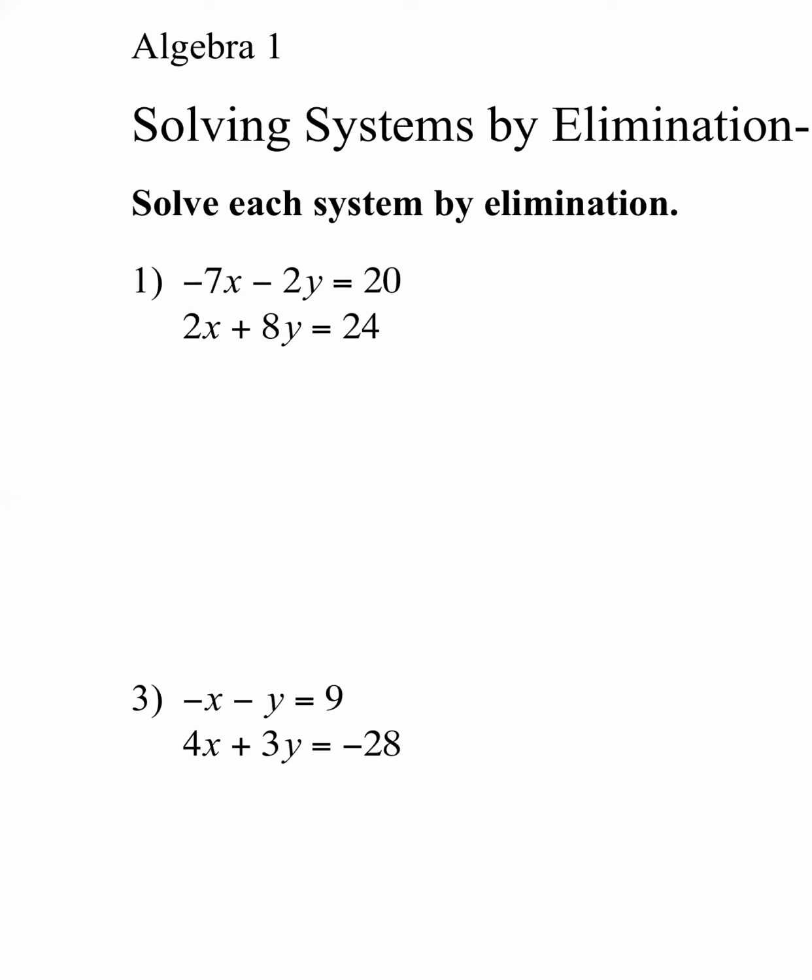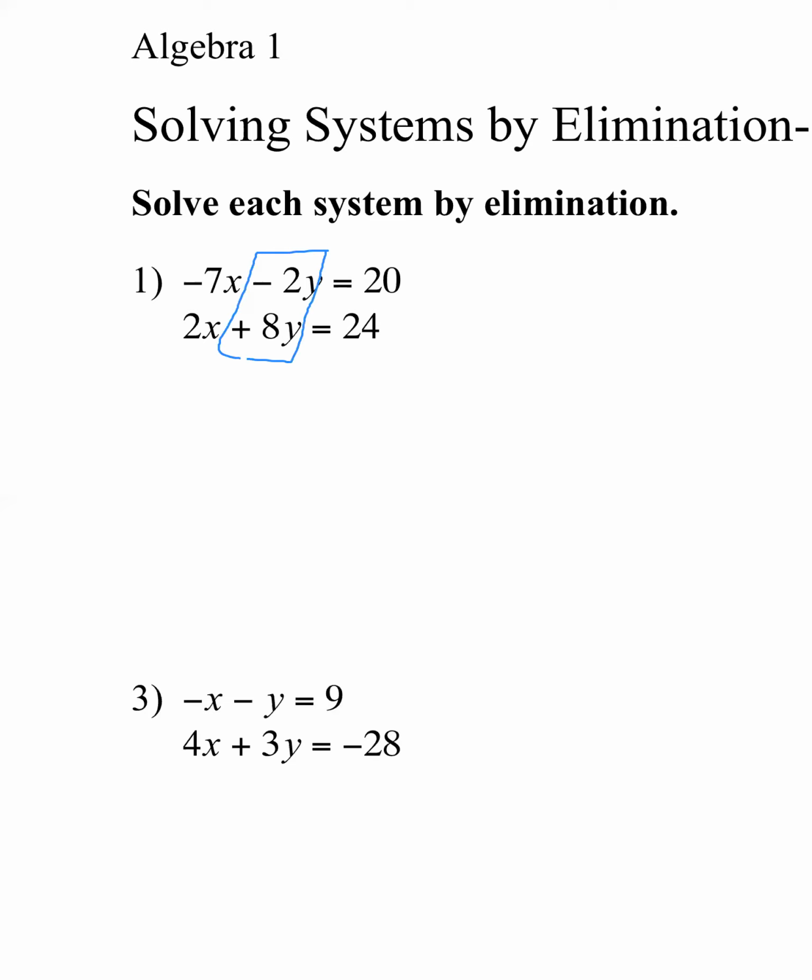The way to get there is to take one, or sometimes we'll have to multiply both equations, probably going to do that tomorrow, by some number to get a pair of opposites. So I'm going to tell you what the plan is for this one, and then I'll walk you through how we get there. All right. I'm going to do it with the y's.